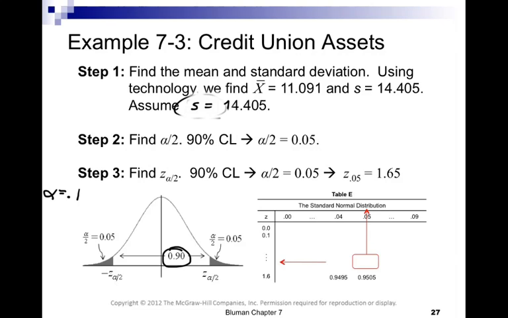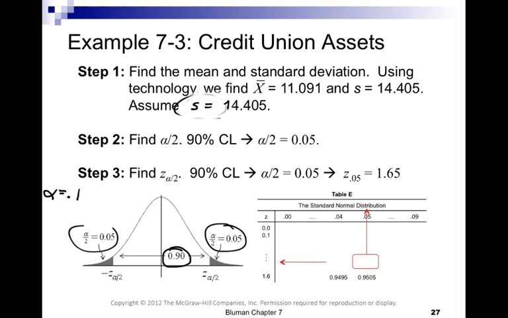So alpha over 2 on each side here is 0.05. So what we do then is find alpha over 2, which is 0.05.